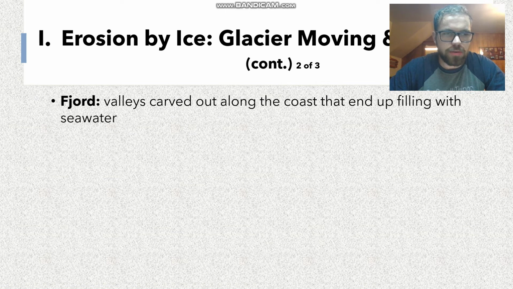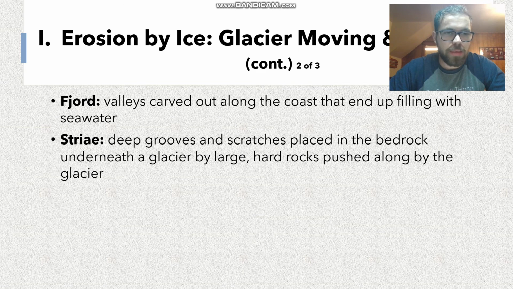All right, then another thing that can form is a fjord, and this is a valley carved out along the coast that ends up filling with seawater. Fairly self-explanatory, kind of like carving out a cirque, except this happens to be below sea level and it fills with water. And then striae is a word that we use to refer to the deep grooves and scratches placed in the bedrock underneath a glacier by large hard rocks pushed along by the glacier.